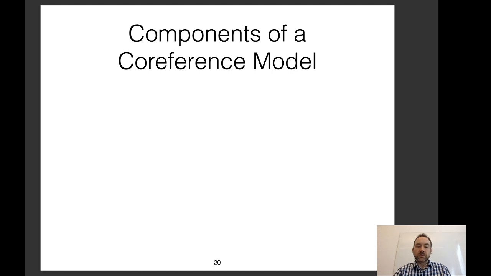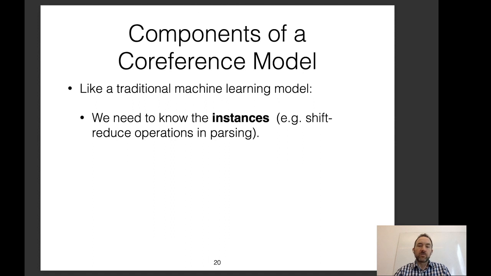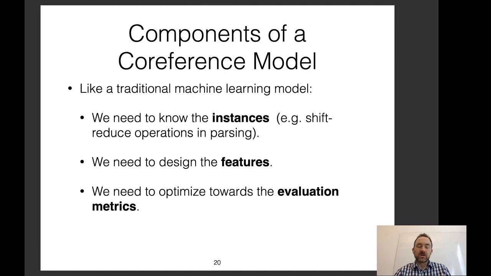So we should also talk about the components of a coreference model. Like a traditional machine learning model, we need to know the instances that we would like to be classifying. We need to design the features that we use to classify the instances. And we need to optimize towards evaluation metrics. I'll be talking about each of these in turn.